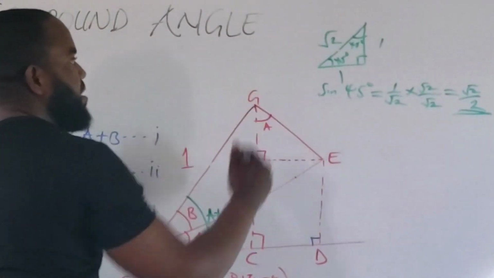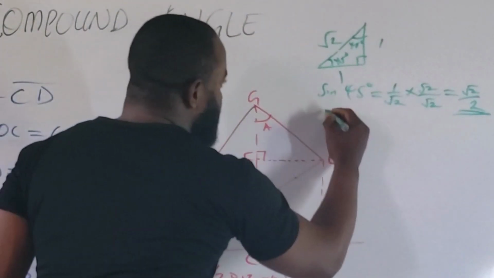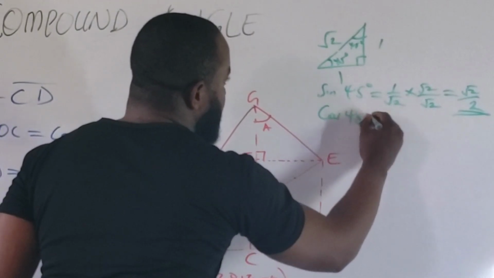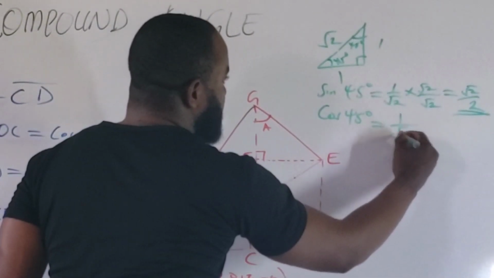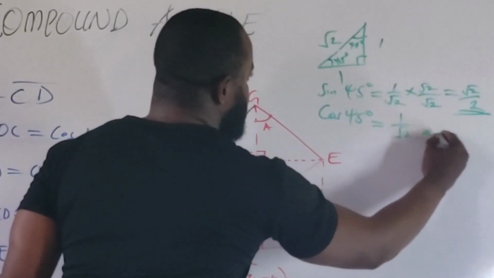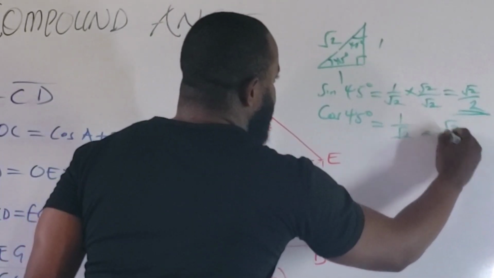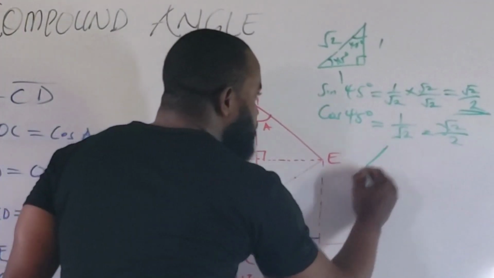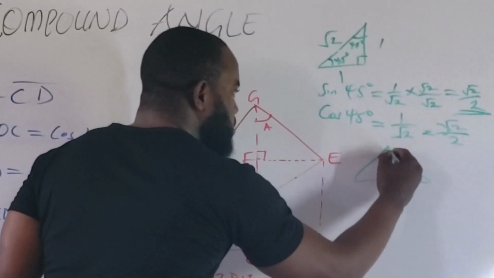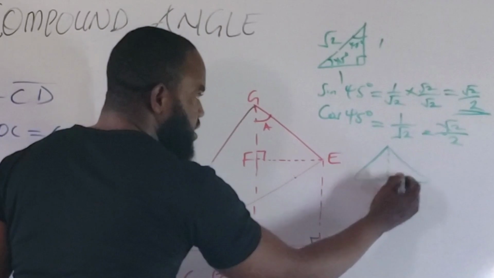So sine 45 degree is square root of 2 by 2. What of cos 45 degree? That's going to be equal to adjacent over hypotenuse, right? Which is going to be the same thing, square root of 2 divided by 2.